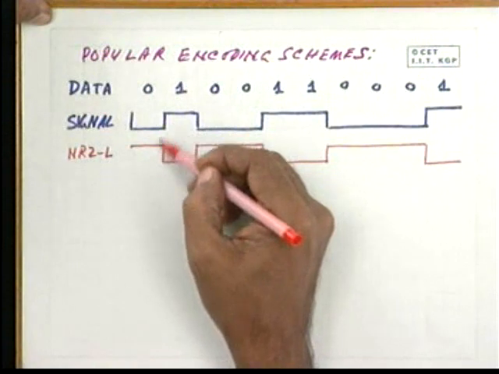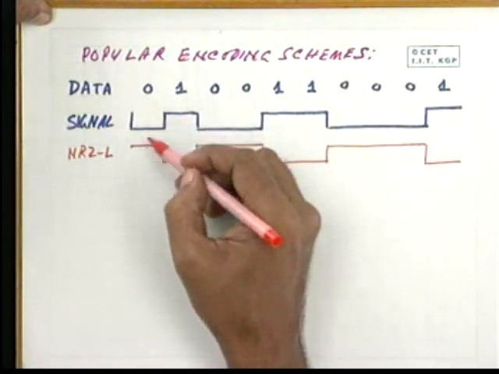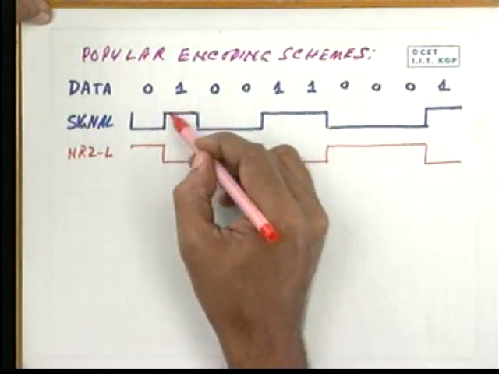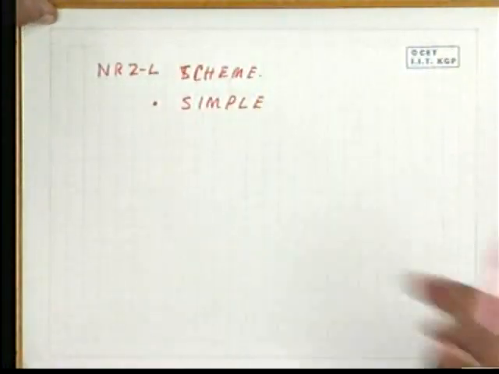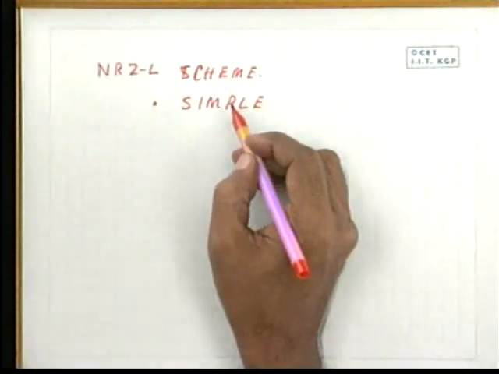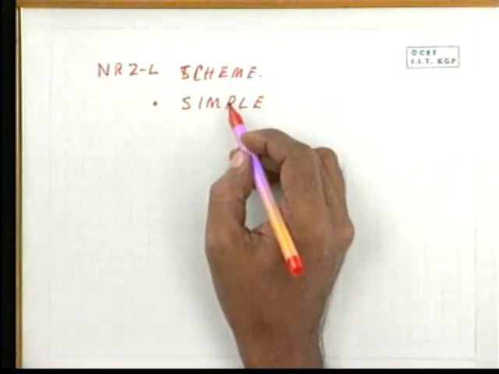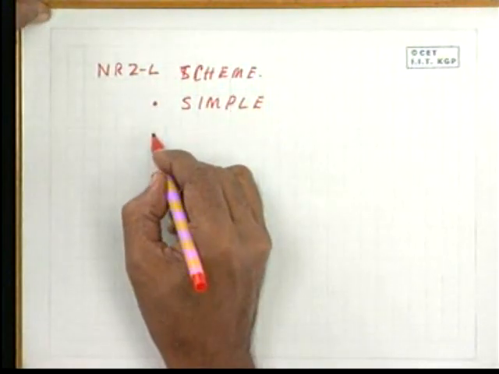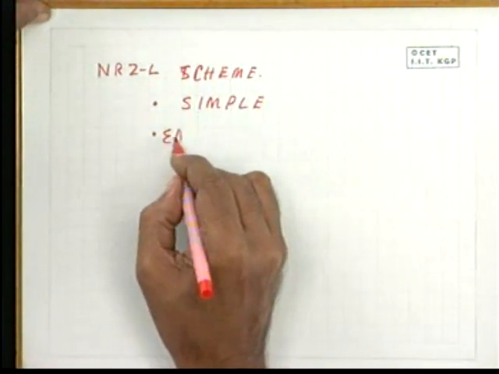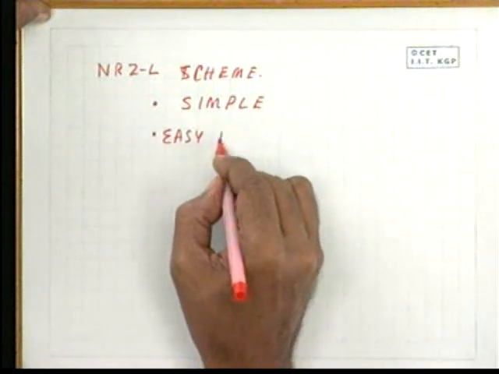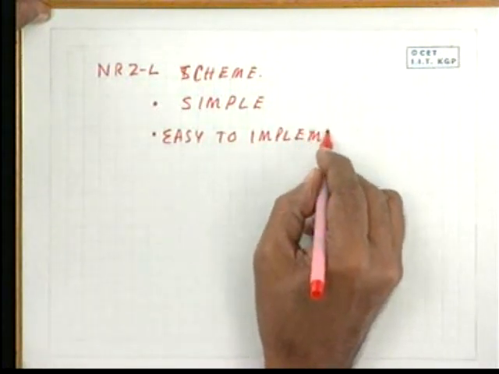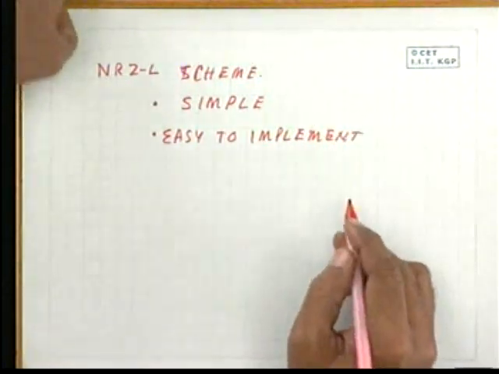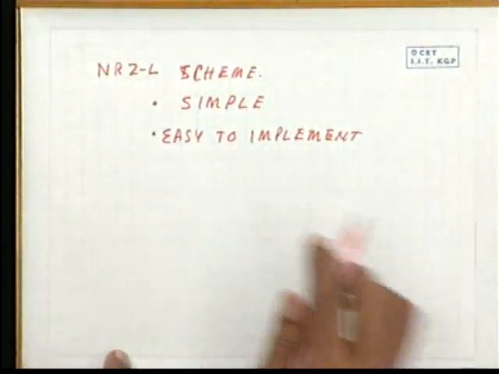The signal can be very easily mapped: wherever there is a 0 you get high, wherever there is a 1 low level and so on. So using low and high levels it can be very easily implemented. So it is simple and easy to implement.